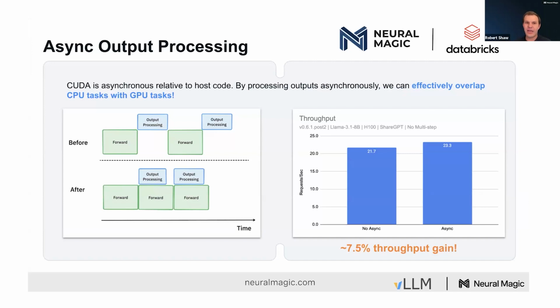CUDA is fundamentally an asynchronous operation on the GPU relative to the host code. So when you launch a CUDA kernel, the host code can continue executing while the GPU is running.